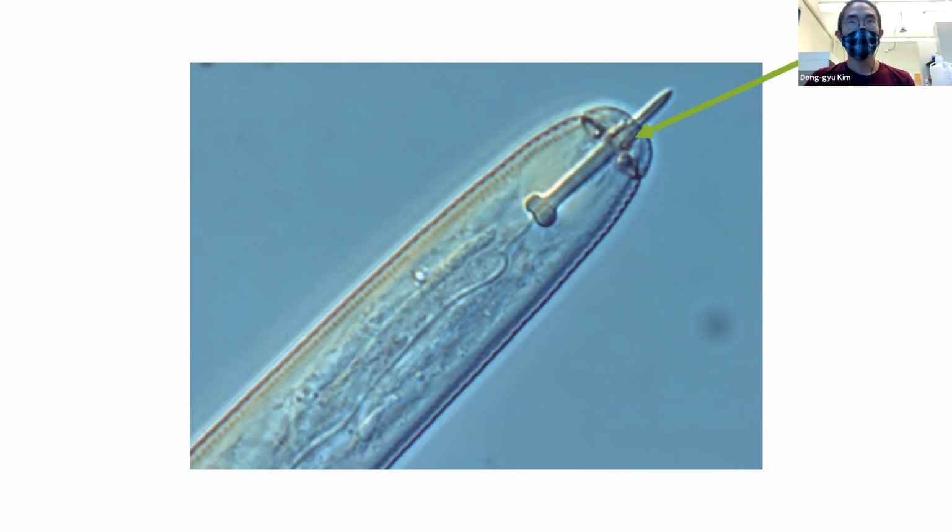Plant parasitic nematodes and a handful of free-living nematodes living out in the wild are equipped with these stylets or stylet-like appendages. So if you see worms and if they have stylets in and around your affected plants, you know you have a nematode problem.